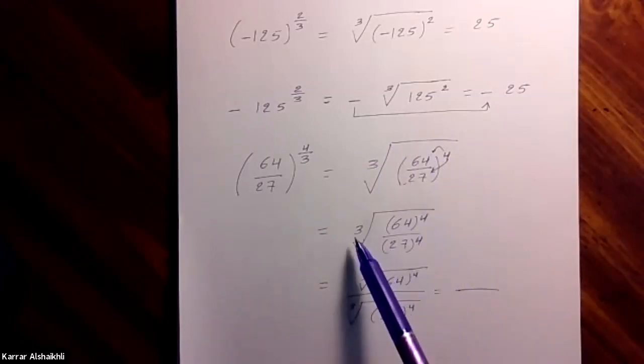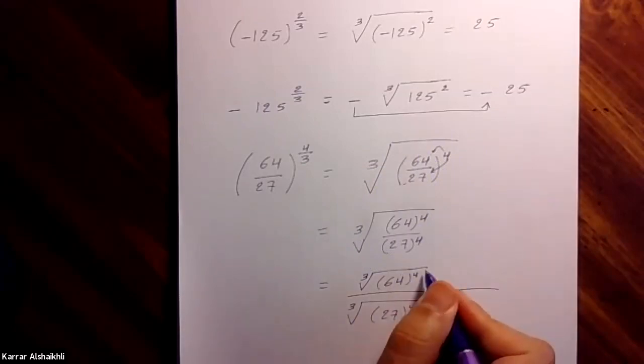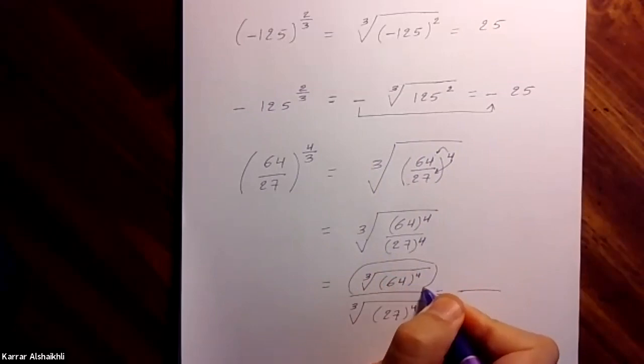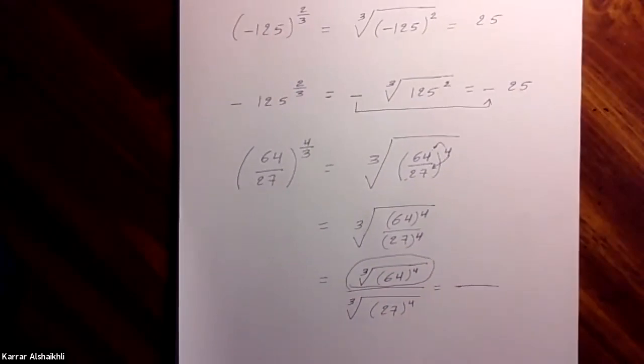Then you distribute the root on the top and the root on the bottom. Now you can use the calculator to find this part and then use the calculator to find the bottom part. Okay? So how much is this part here?